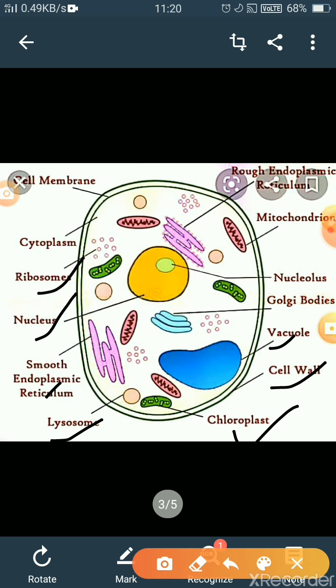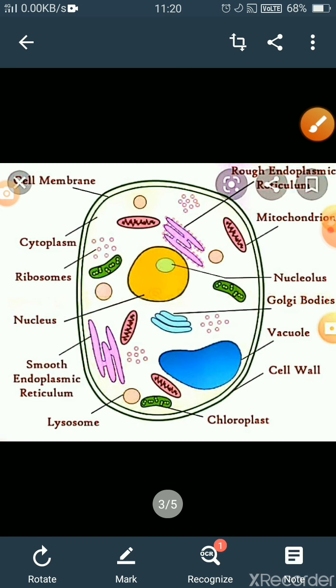Golgi bodies are responsible for concentration, meaning storage, and secretion of substances from the cell. Nucleus is present in the center of the cell. Mitochondria produce energy from the oxidation of food, and are also known as the powerhouse of the cell.